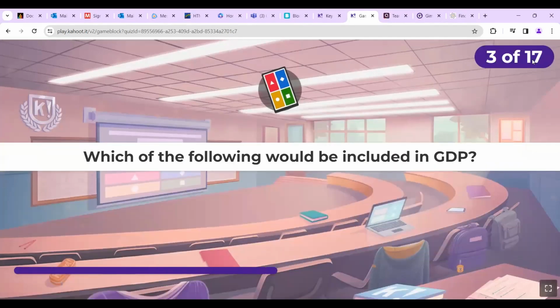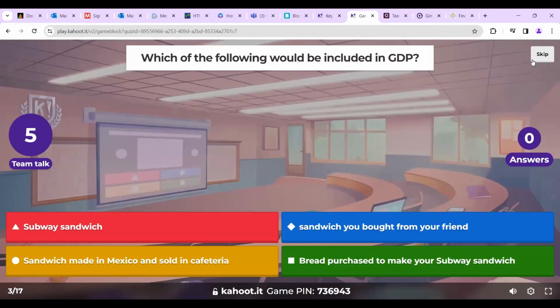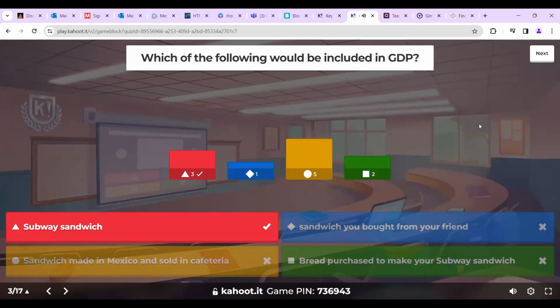So which of the following would be included in GDP? Subway sandwich would be included in GDP because it's a final good.